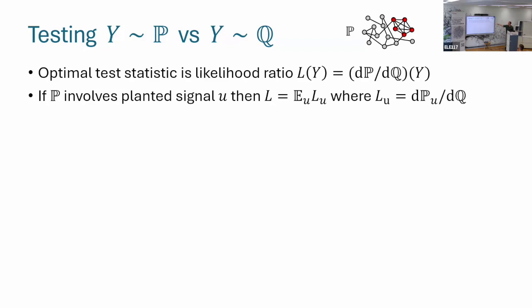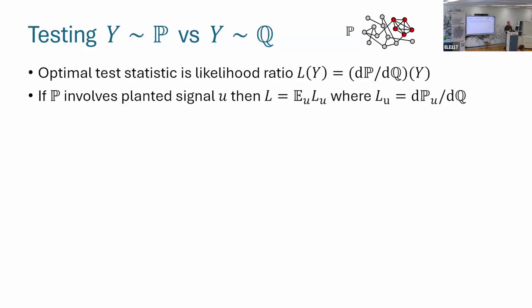And for all these problems, it's really important that U is drawn randomly from many different possibilities. The problem would be too easy if I told you either there's no clique or there's a clique in this one specific location, because you just have to check that one location. So to make the problem difficult, it's really important that we're actually hiding the clique in a random spot.